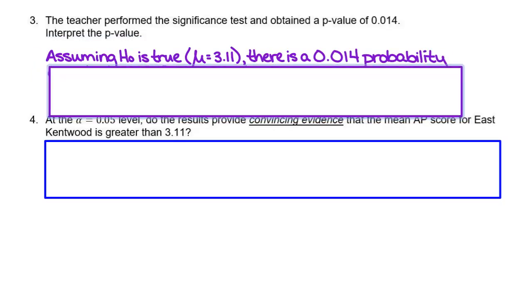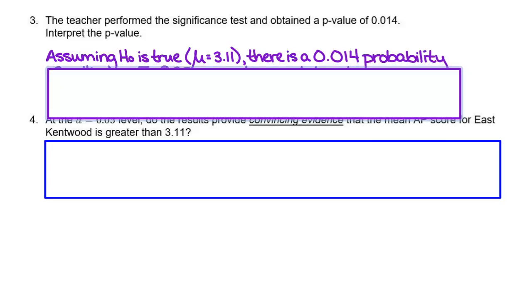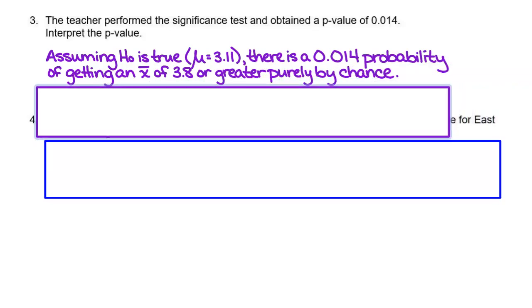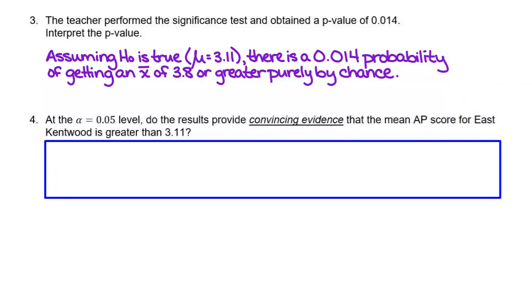Mu equals 3.11. Yes. Assuming the Ho is true, mu equals 3.11, there's a 0.014 probability of getting an x-bar of 3.8 or greater purely by chance. That's interpreting the p-value.